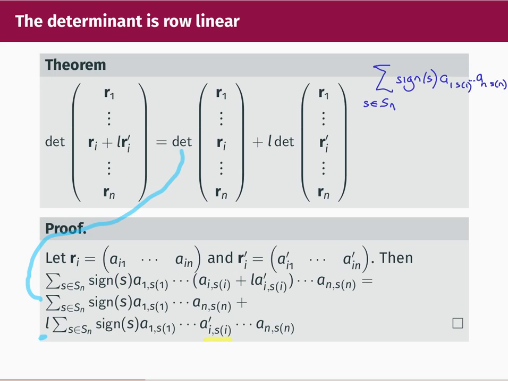Well, that is precisely L times the determinant of the matrix whose rows are R1 up to R(i-1), and then Ri prime, and then R(i+1) up to Rn. In other words, the matrix whose determinant is the second term on the right-hand side of our claimed equality. So we're done.